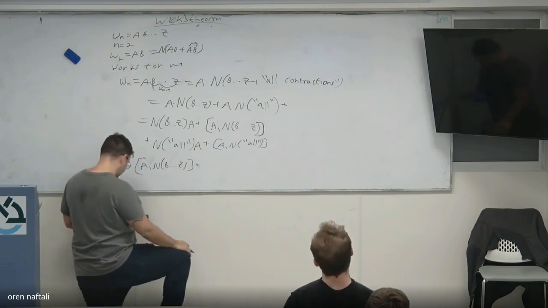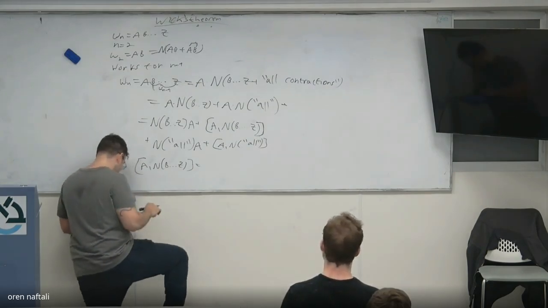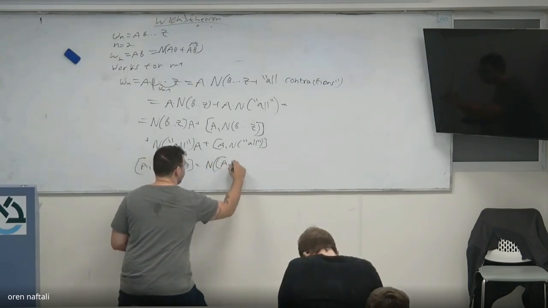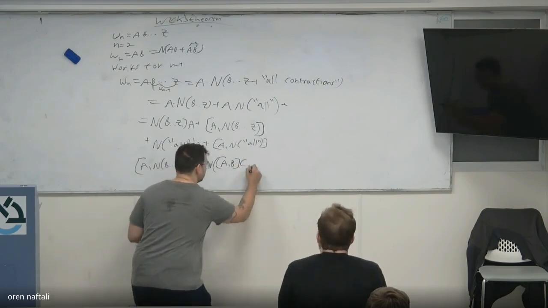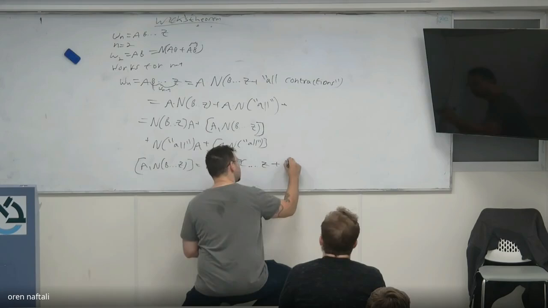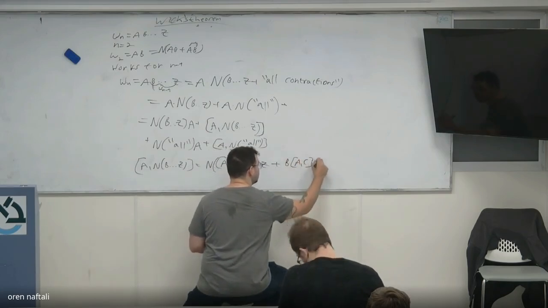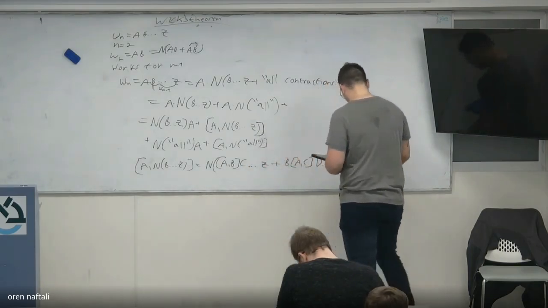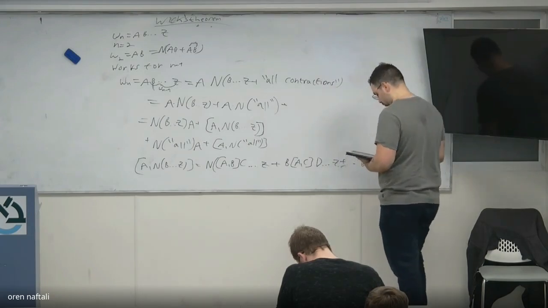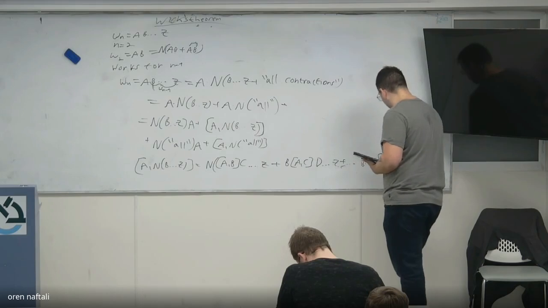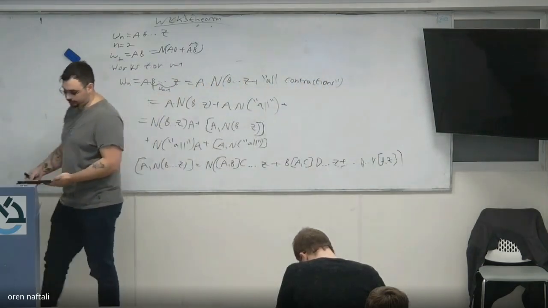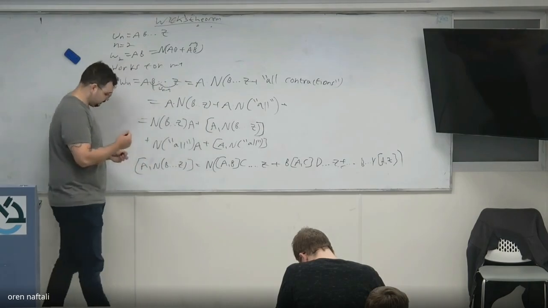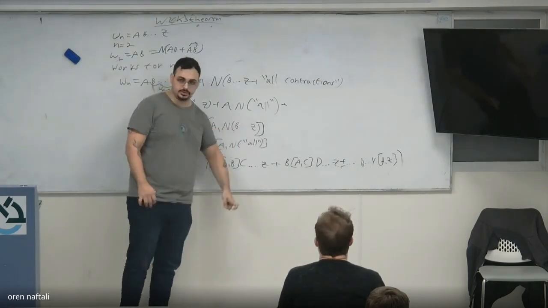Just writing it out explicitly, it equals N of commutator A and B, C, then plus B commutator A and C, D, then plus and so on. Note that I can put it all inside the normal order because A doesn't add any operators, and we know that all the other operators are already in normal order.